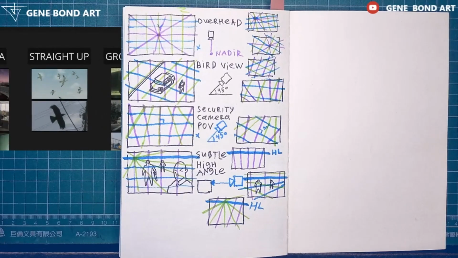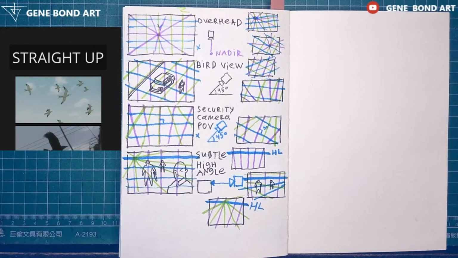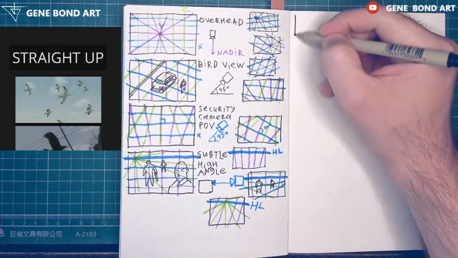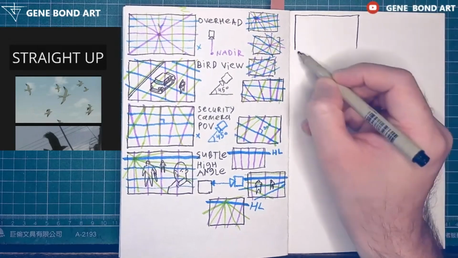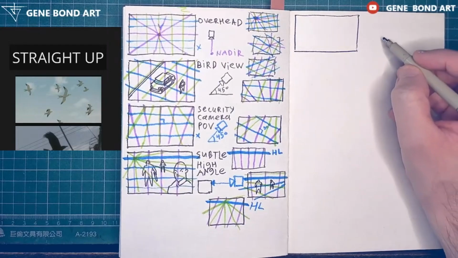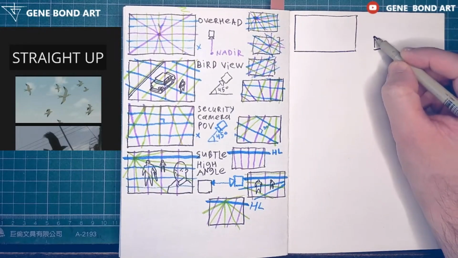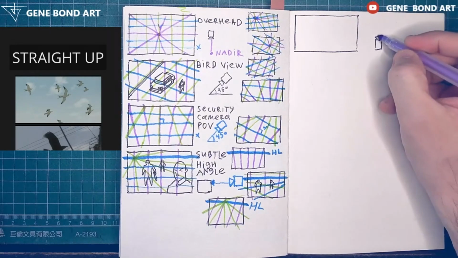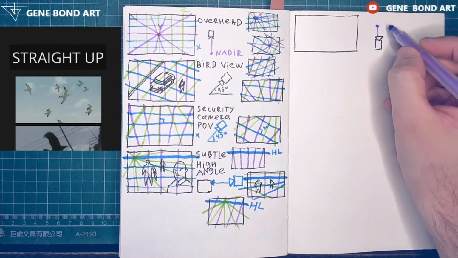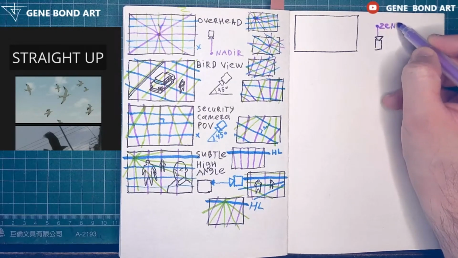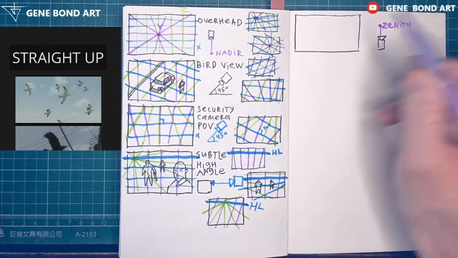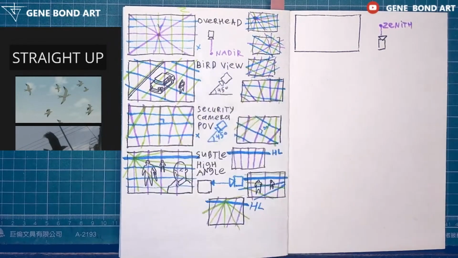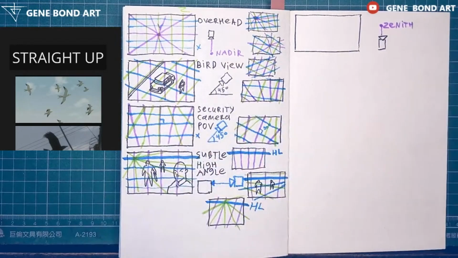So straight up, it's upshot. In this upshot, it means the camera is looking directly up. So it's seeing this Y vanishing point, which is called zenith. So the Y vanishing point below under you is nadir. The vanishing point above you is a zenith.